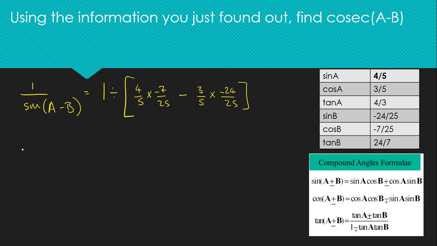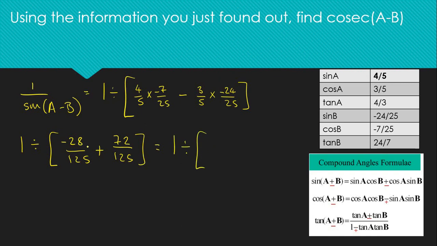Okay, that's going to be 1 divided by negative 28 over 125 plus 3 lots of 24, which is 72 over 125, which is going to equal 1 divided by 44 over 125, and 1 divided by that will equal 125 over 44. Job done. Okay, the cosec thing doesn't really make it much more difficult, to be honest, but it can throw some people off. Okay, hopefully you're happy enough with that.